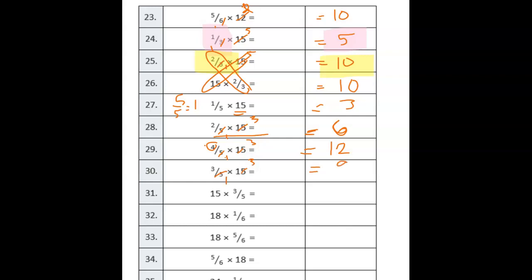3, you got 9, 15, you can cross cancel again, 9. Notice the difference here. We have 1/6, 18 times, and then we got a bigger fraction amount, 5/6, 18 times.